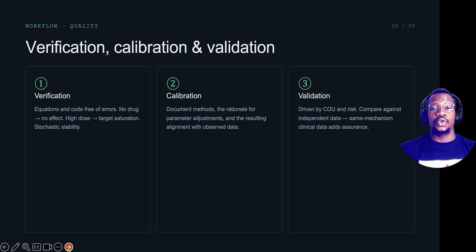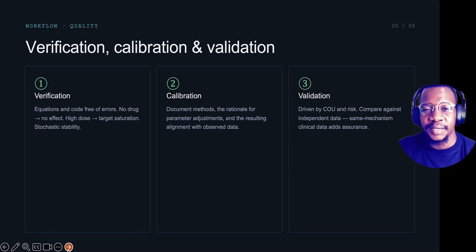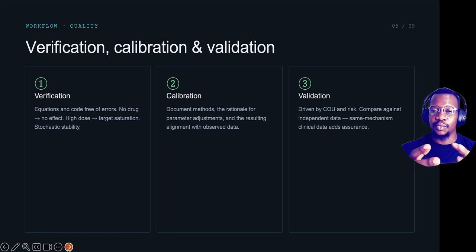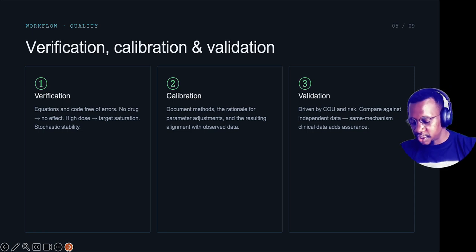Then under calibration, document the methods that you have used to calibrate, or rather adjust, your parameters, and the resulting alignment with observed data. Like upon adjusting these two or three variables, we found this, and this was the ligand molecule kind of behavior. Then validation should be driven by the context of use and risk.